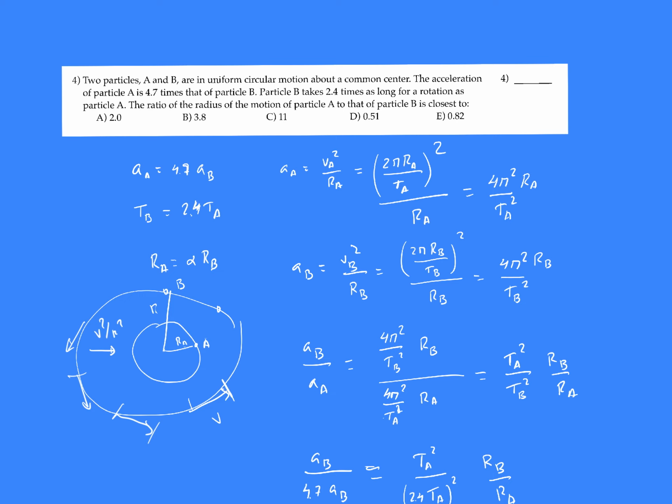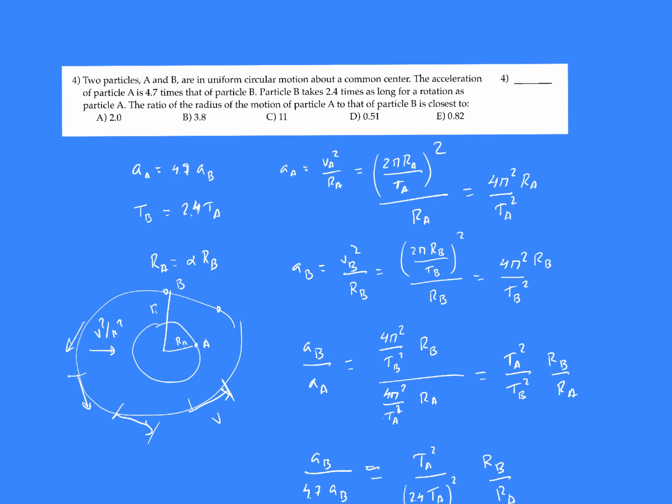So the problem says you have two objects, two particles. Particle A is moving with a certain acceleration, which is 4.7 times that of particle B. If the acceleration of particle A is bigger, it is because the radius RA is smaller.